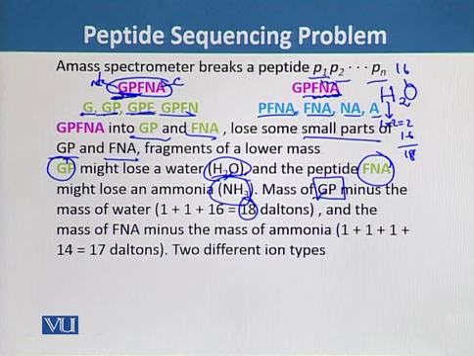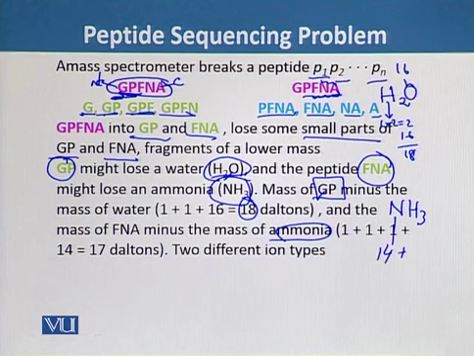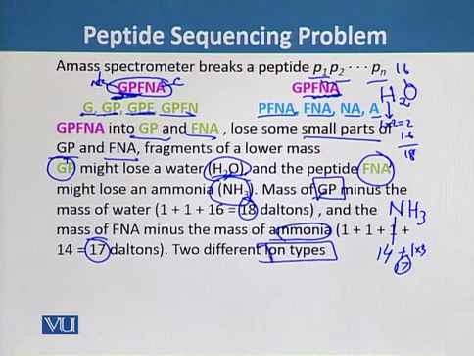Similarly, because a molecule of ammonia is removed from FNA, we subtract the mass of ammonia. The mass of nitrogen is 14 plus three hydrogen atoms of 1 each, so 14 plus 3 is equal to 17. We remove 17 from the FNA peptide. So peptides missing water and ammonia are two different ion types that we can consider in fragmenting a peptide in a mass spectrometer.